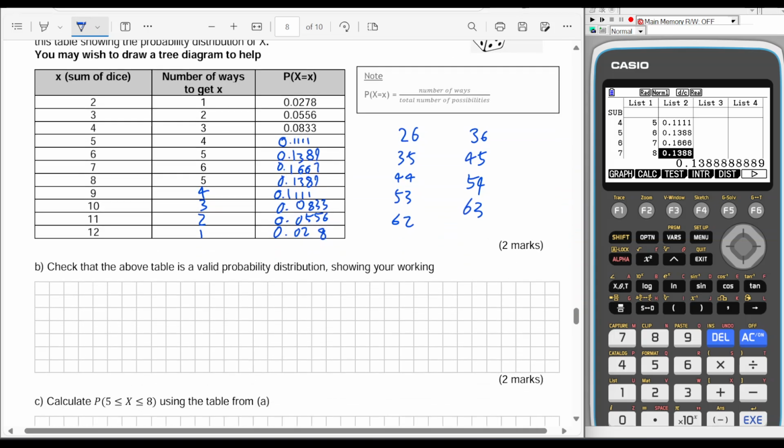Check the table is a valid PDF, showing your working. So all probabilities add to 1. So we can actually do this.